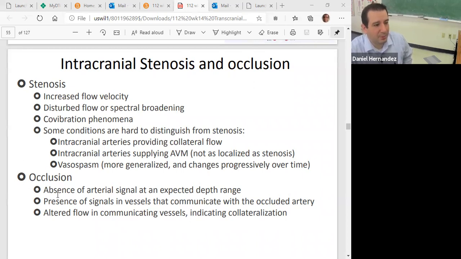So if we have a potentially occluded vessel, we could prove that by demonstrating flow in communicating vessels, as well as flow direction. If we have retrograde flow in a particular vessel, it could indicate collateralization, thus indicating the presence of a possible occlusion.